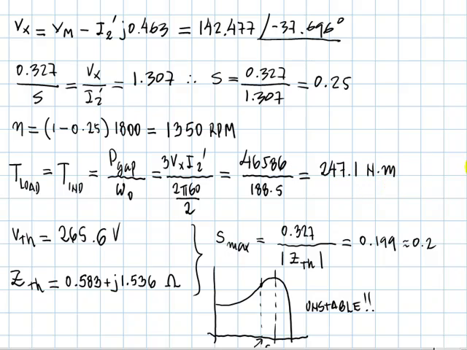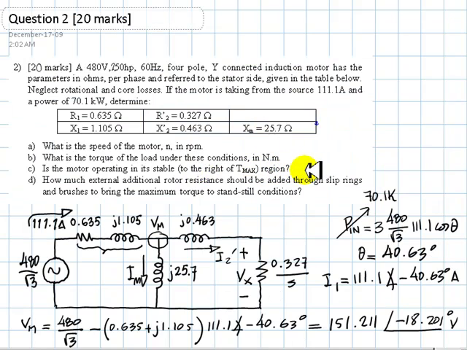Now the question is, is the motor operating in its stable or unstable region? That is, to the left or to the right of Tmax? To answer that question, because we know that s currently is 0.25, we need to compute s max.